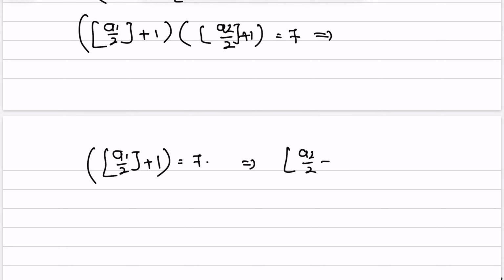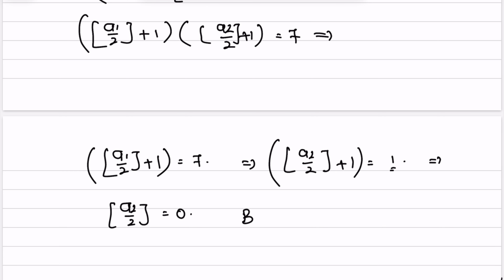A2 by 2 plus 1 is equal to 1, because the first factor is already 7 and the product of these two is 7. That implies a2 by 2 is equal to 0. But we know a2 is always greater than or equal to 1. That implies a2 is equal to 1.